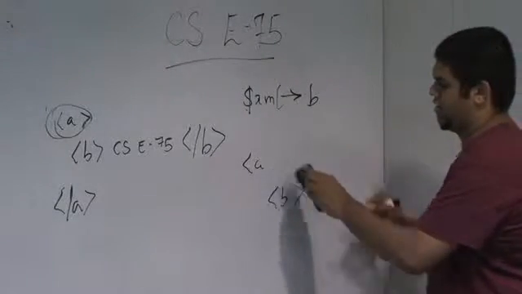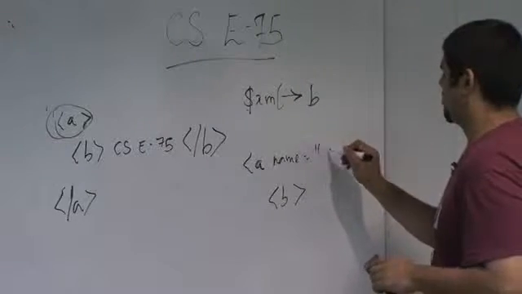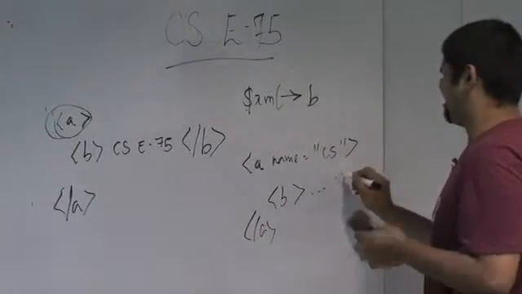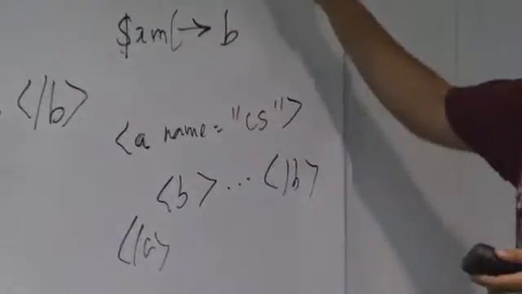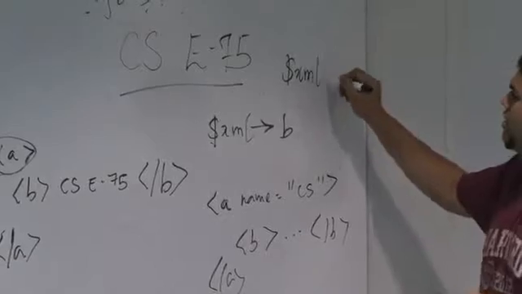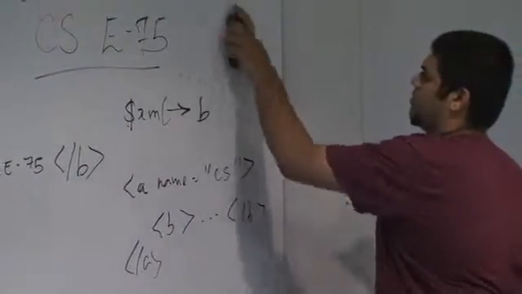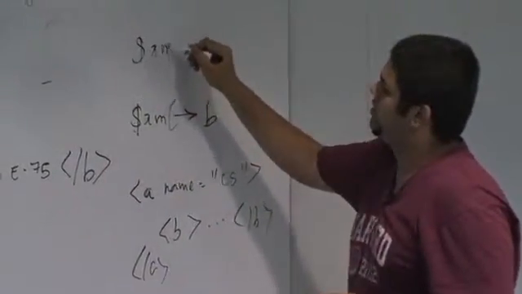A, and then you're saying name equals CS, right? And then your B has some data. Maybe it's the same, maybe it's not, doesn't matter. How you would get at this is basically $XML.